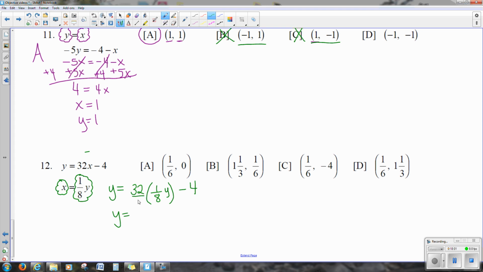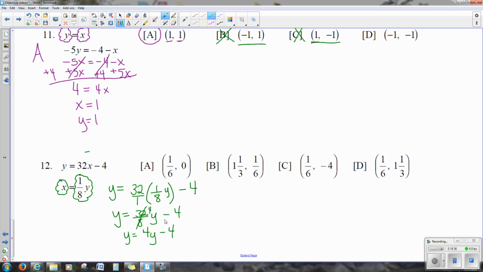Or we could put a 1 under here. 32 times 1 is 32. 1 times 8 is 8. Don't forget your times y. We're going to subtract 4. And then we realize, oh yeah, okay, no reason to be scared of these fractions. 32 divided by 8 is really just 4. So I have y equals 4y minus 4.